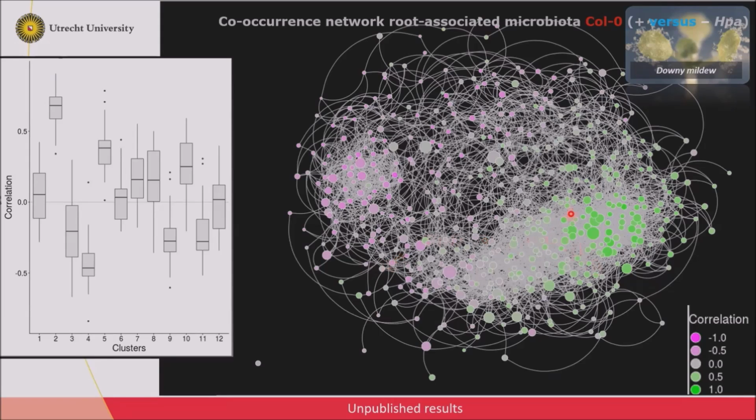In green are all the microbes that become more abundant on the root system after downy mildew infection. And in purple, you see all the microbes that become less abundant on the root system after downy mildew infection. So there's really a change in the microbial community in response to infection by the downy mildew pathogen.